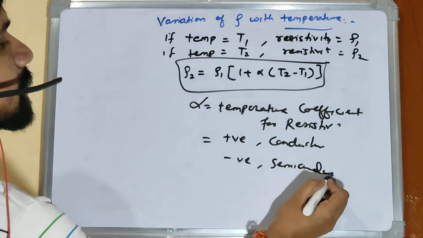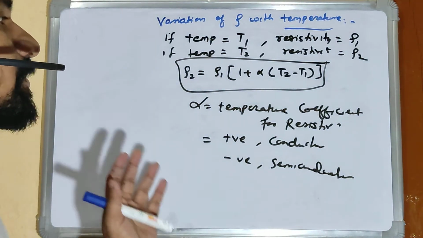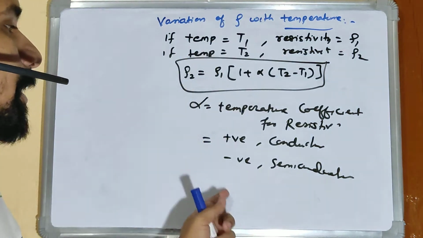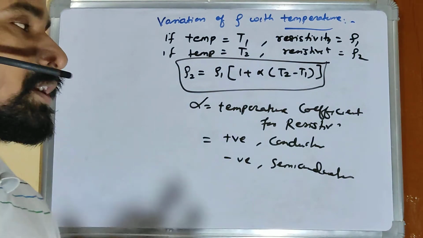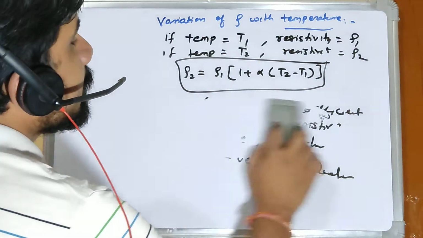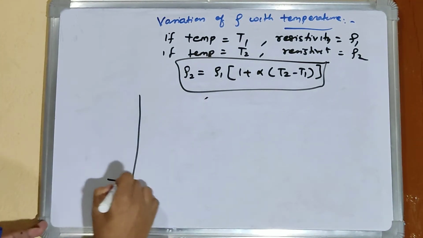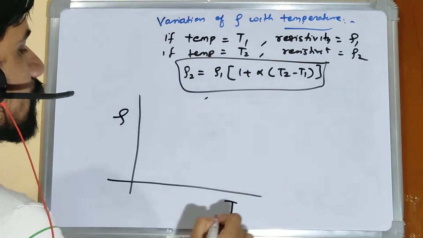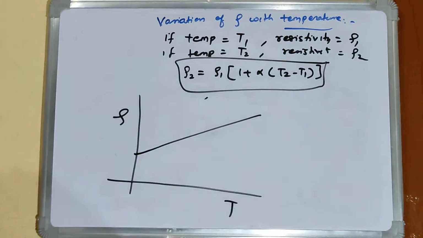So now you can appreciate that as temperature increases for a conductor, the resistivity will increase, but for a semiconductor, since this alpha is negative, the resistivity will come down, right? So if I plot resistivity versus temperature for conductors, they will look like this.